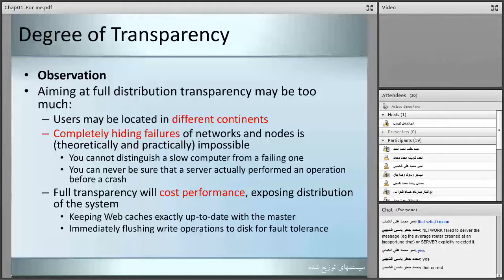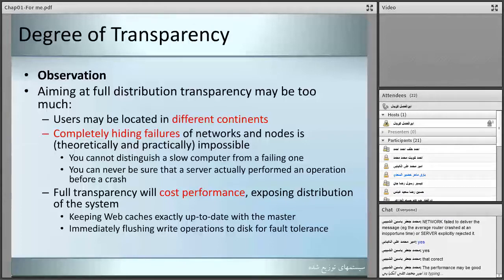In some situations, if we increase the degree of transparency, we may lose performance. Got it? Yes.